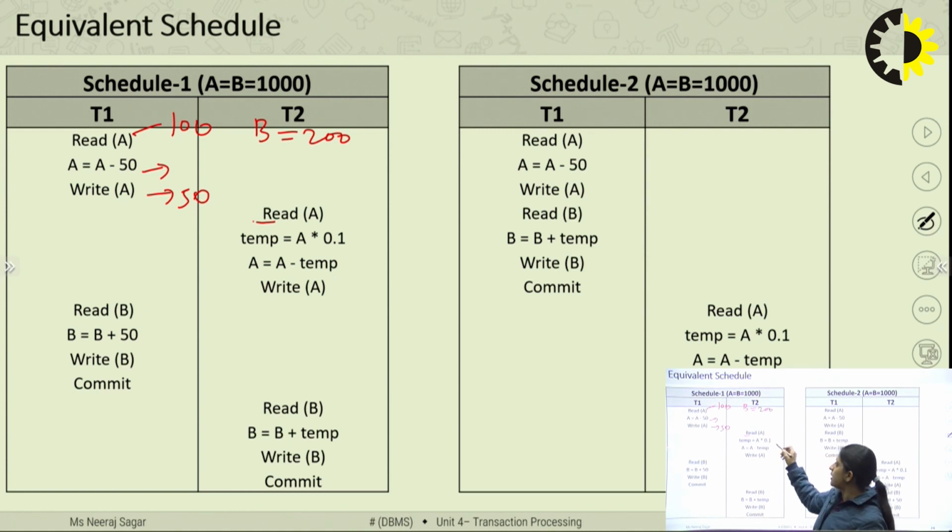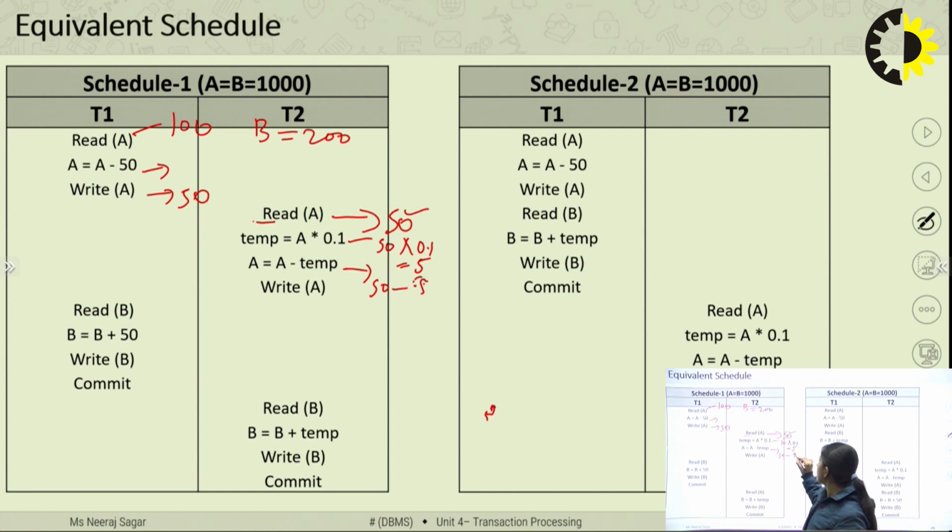T2 reads the value of A, which is 50 rather than 100. Then it performs 50 multiplied by 0.1, which gives 5. Then A is 50 minus 5, that is 45, and write A, meaning 45.